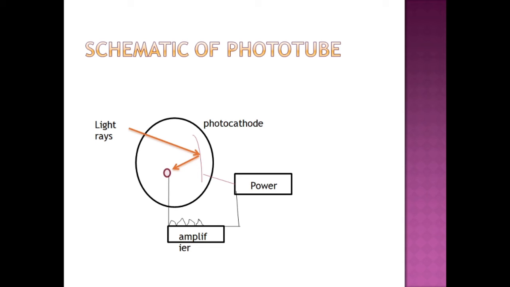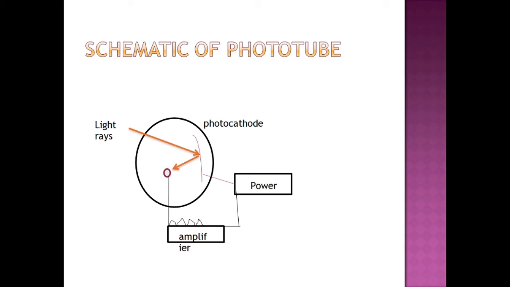The amount of current generated in this detector is proportional to the light rays hitting the surface of the cathode. Always remember this. This is a more sensitive detector than the barrier layer cell.